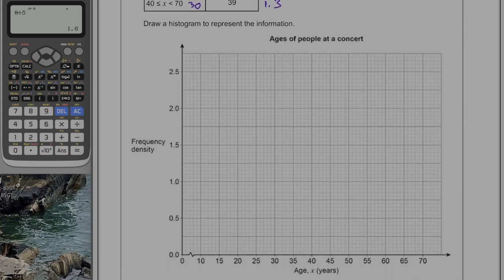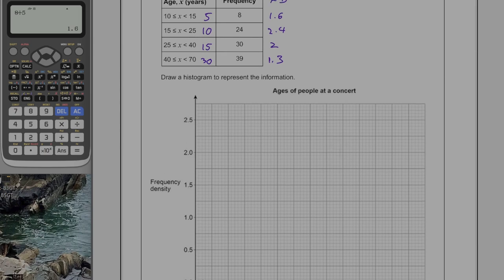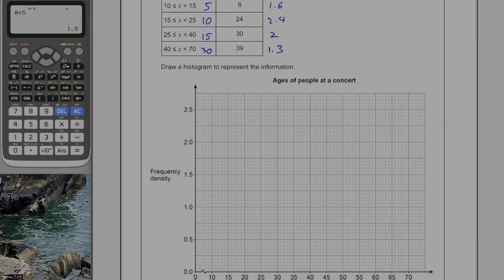Right, now I need to draw that in my chart. So 10 to 15 is going to have a frequency density of 1.6. So we're going up in 2s again. Bring the ruler in. Try and get it semi-accurate.